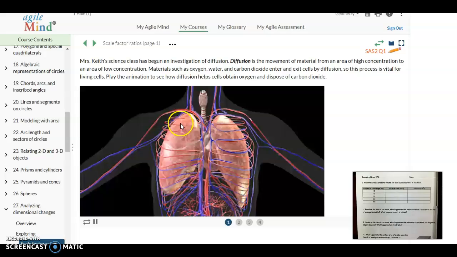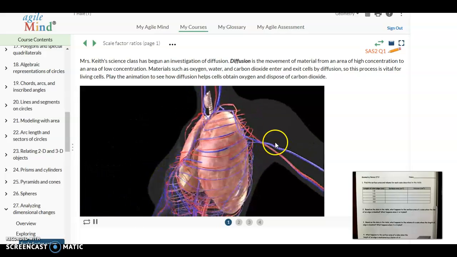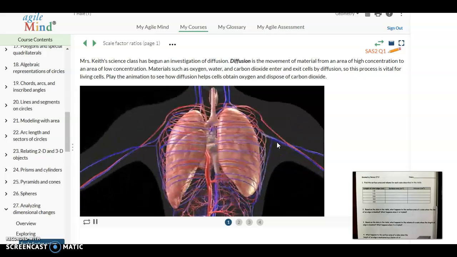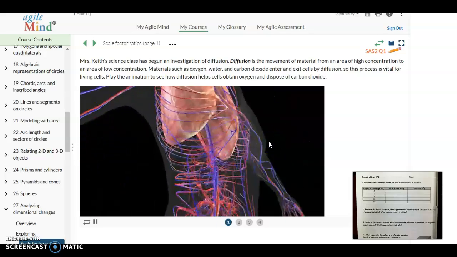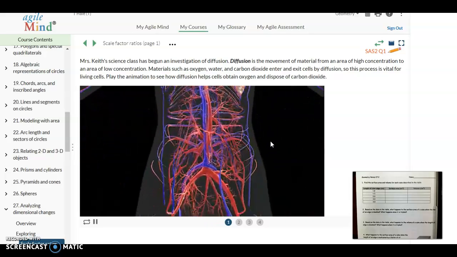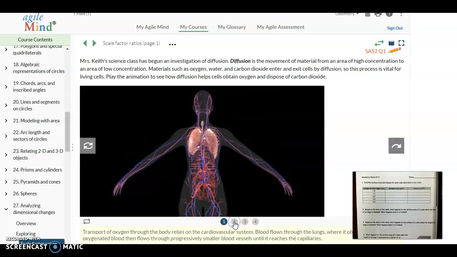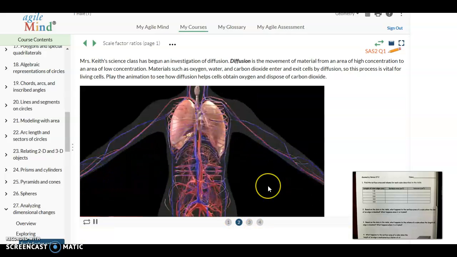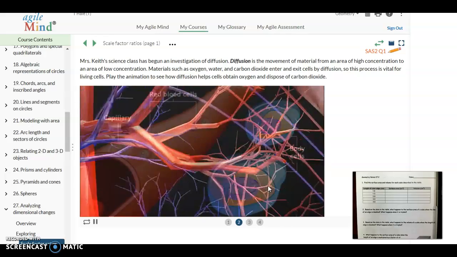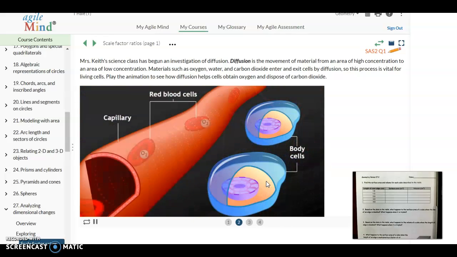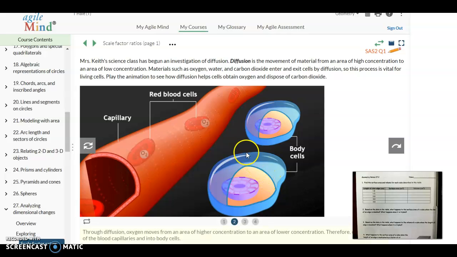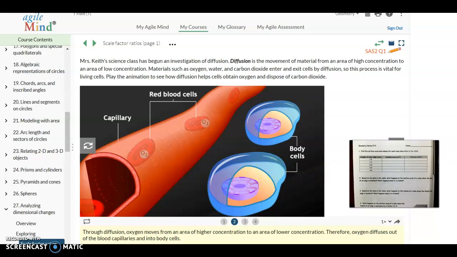We'll refresh it so you can see that. We'll get closer here. Okay, so inside this process of diffusion, oxygen is moving from the area of higher concentration to lower concentration.